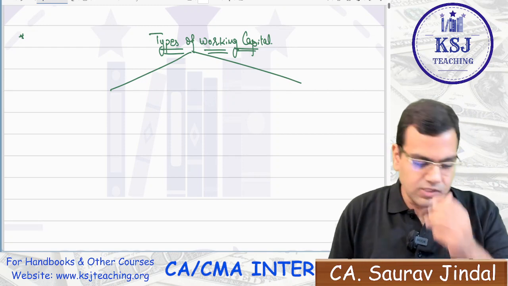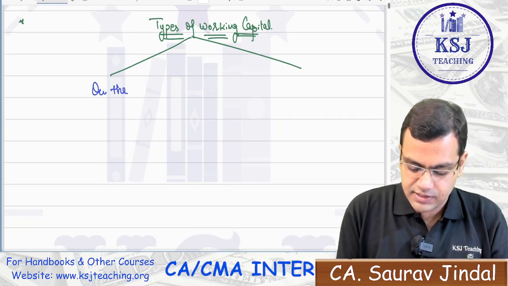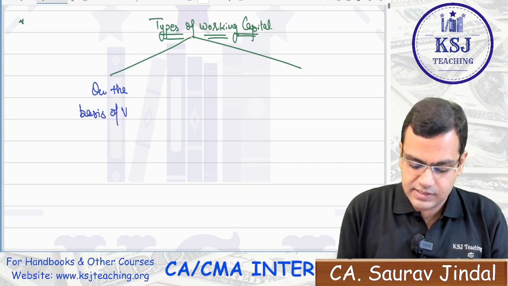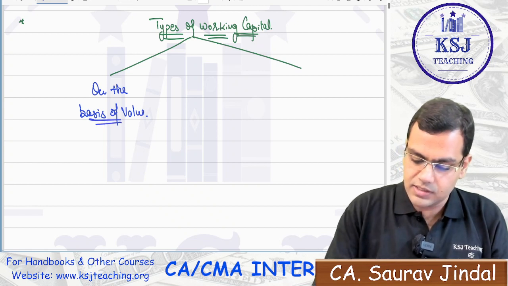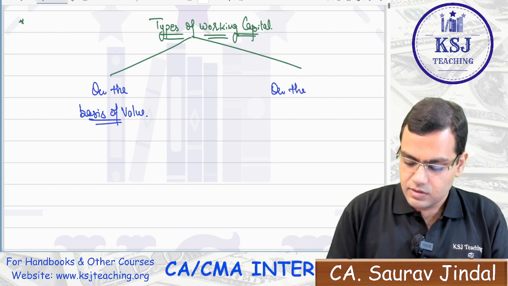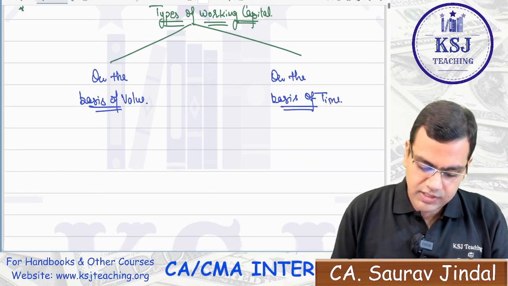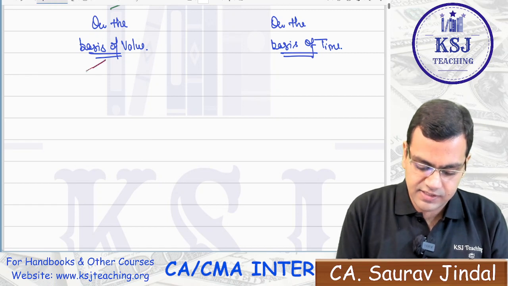One is on the basis of value, and the second one is on the basis of time. This is further classified into two parts.